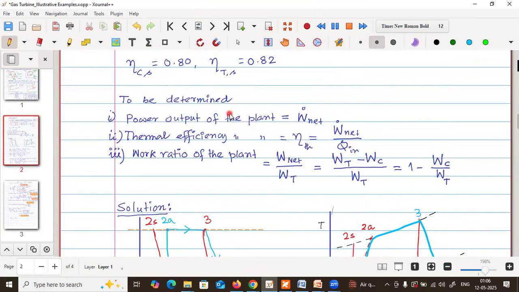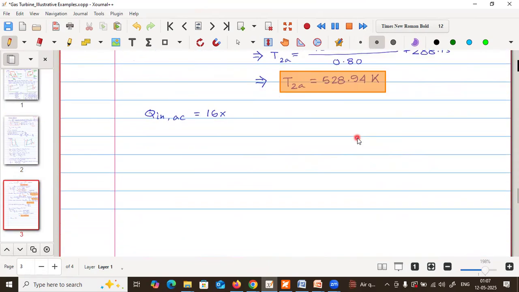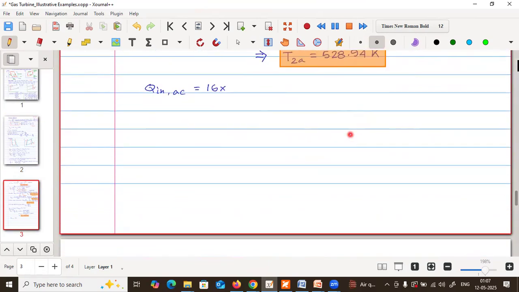That is 1.11. 1.11 multiplied by T3. T3 is the maximum temperature, that is 883.15 minus, just determine, 528.94.